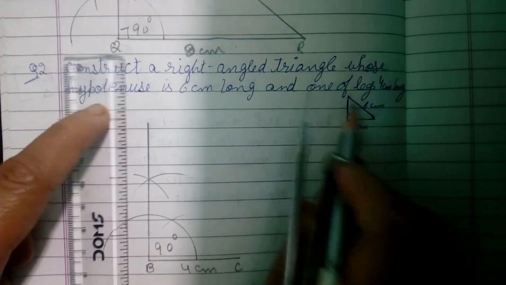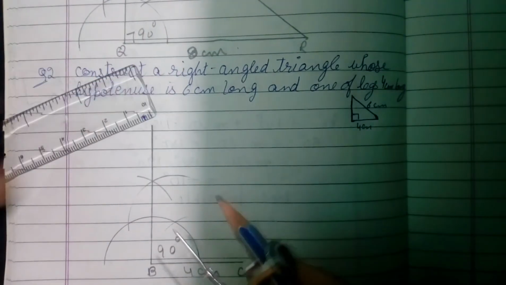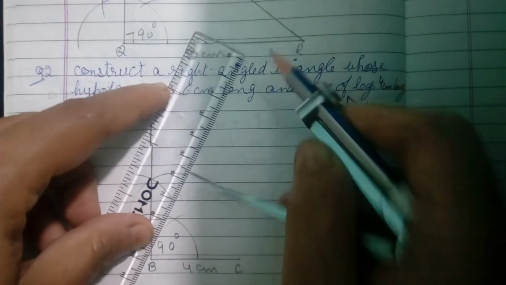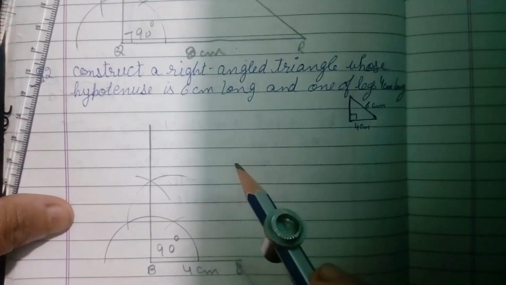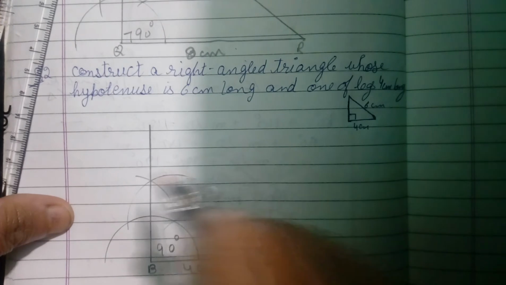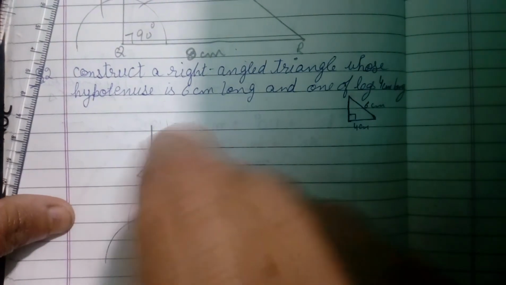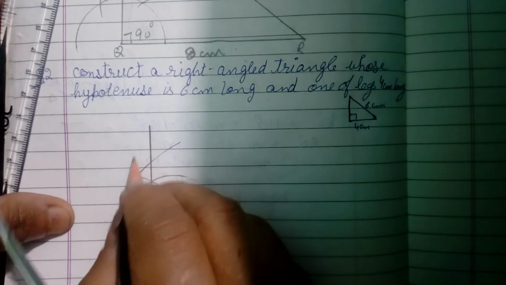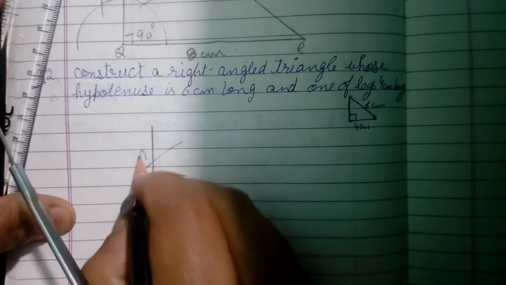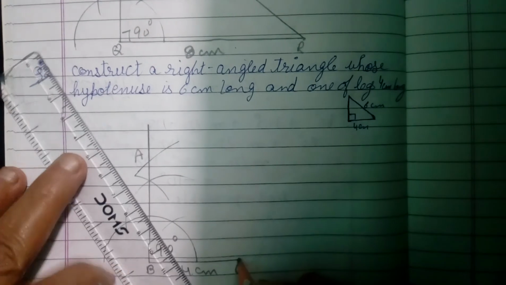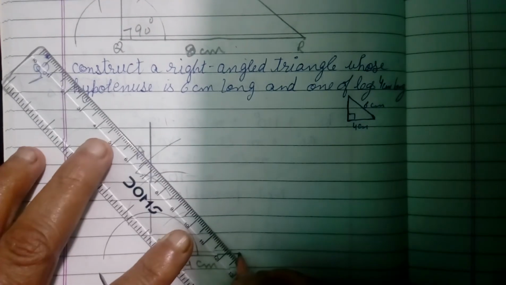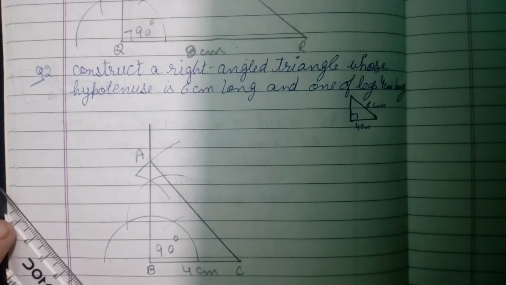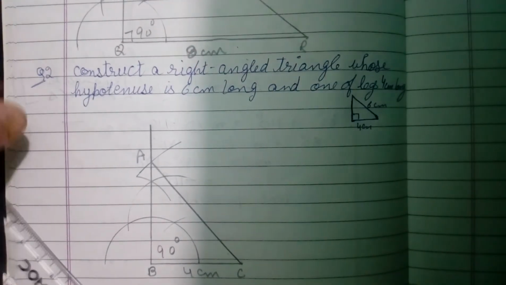Now hypotenuse is 6 centimeter long, so take radius equal to 6 centimeter using scale. Now taking C as center, cut this arm; where it will intersect, name that point as you want. You can name according to your own. Now this ABC is the required triangle.